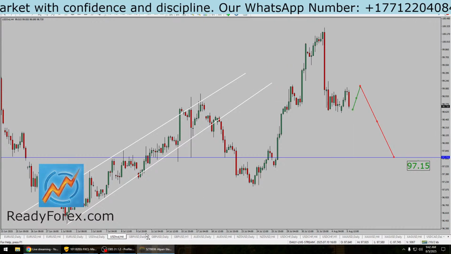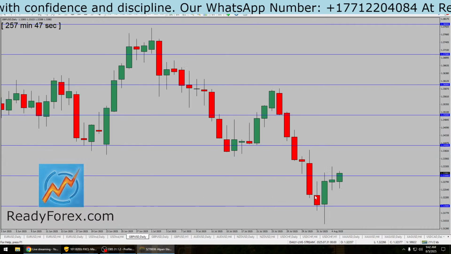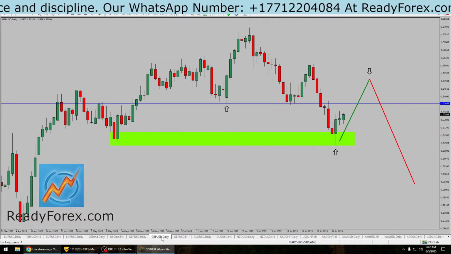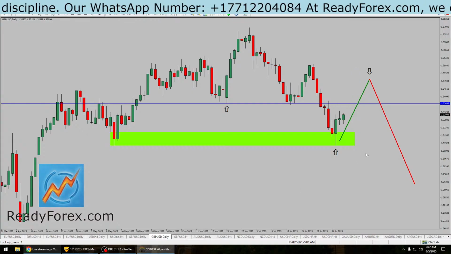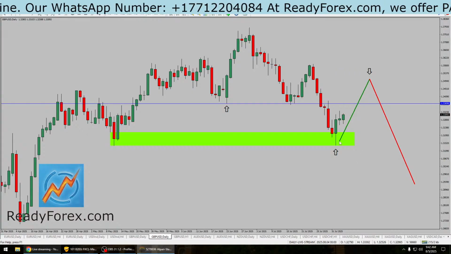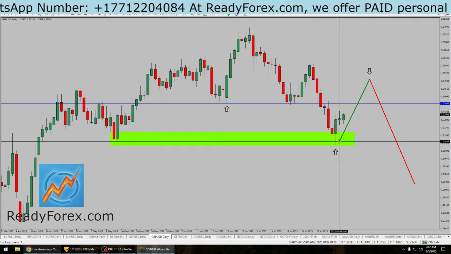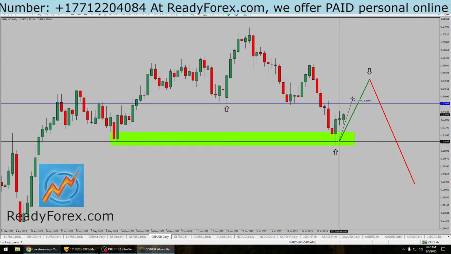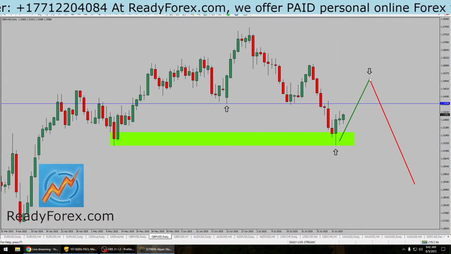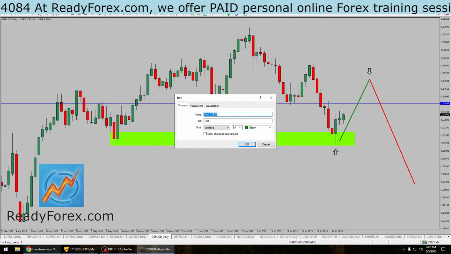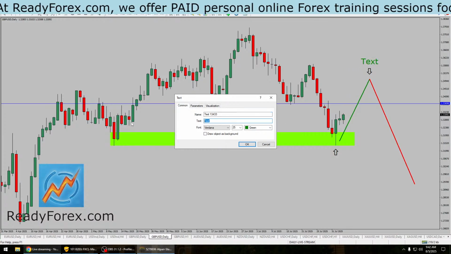Next, let us take a look at pound dollar, the GBPUSD currency pair, which is trying to rise up over here. Let's take a look at the daily chart. So we got a bounce from the support area right over here, and it's quite possible that the pound is probably going to rise up more. Now I do have a sell trade plan over here in the daily time frame.